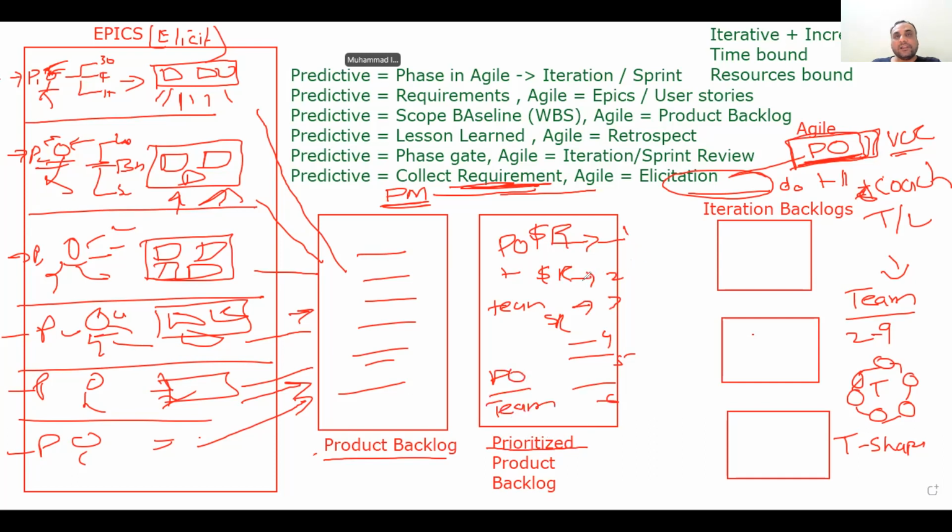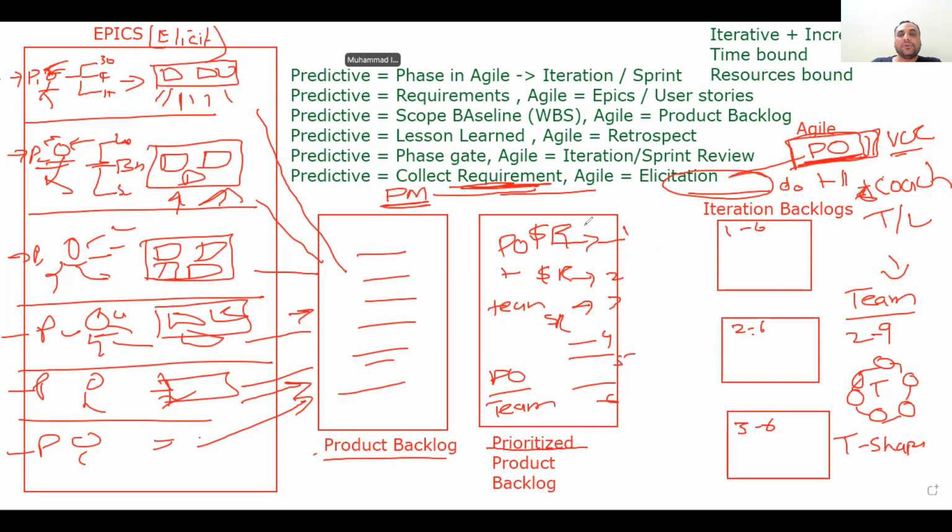The beauty of Agile is that it is also possible for multiple teams to work simultaneously. If one team contains 6 members, imagine these are 3 teams: team 1 of 6 people, team 2 of 6 people, team 3 of 6 people.